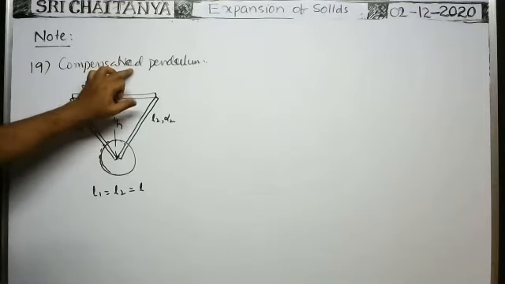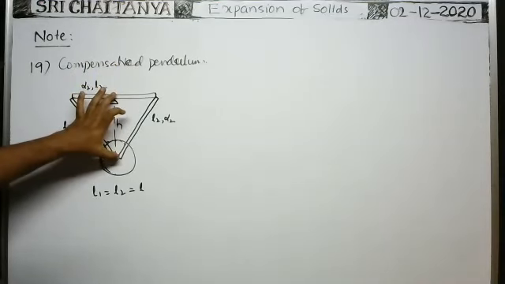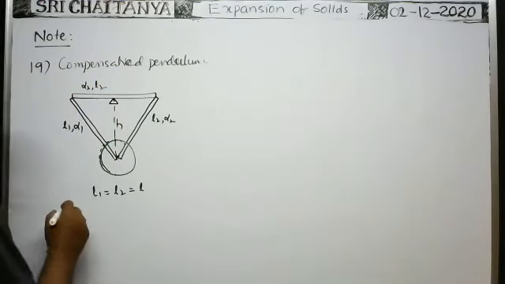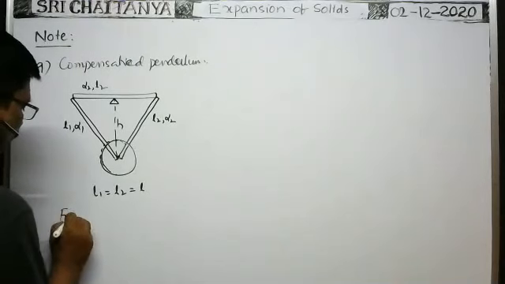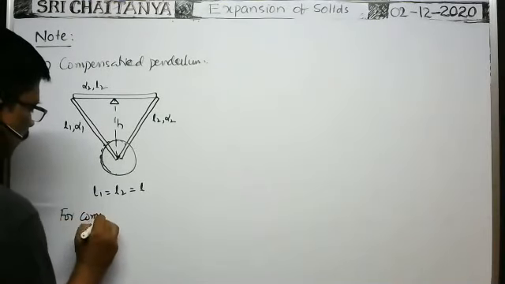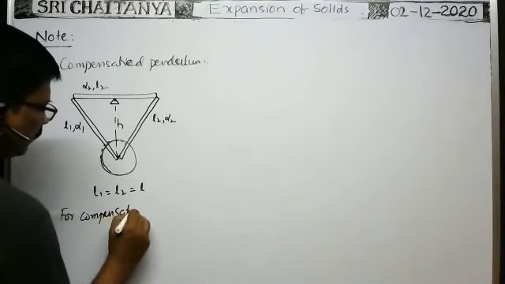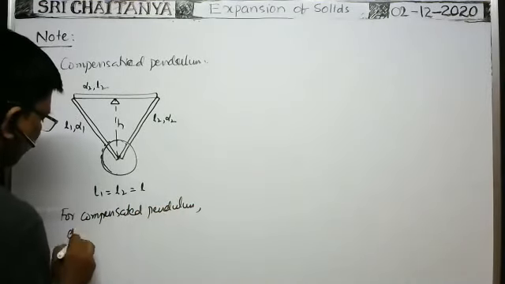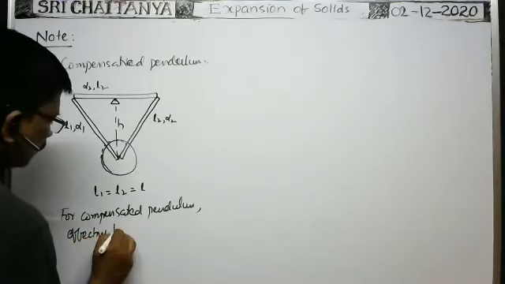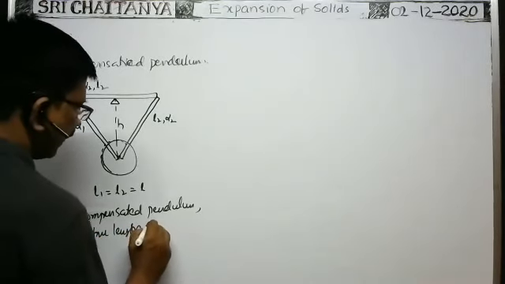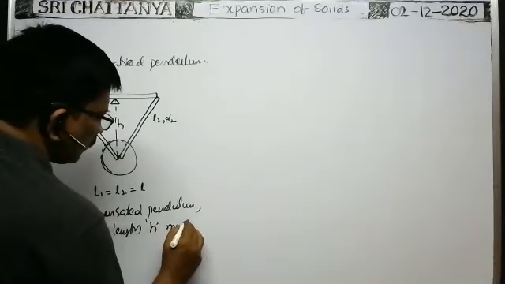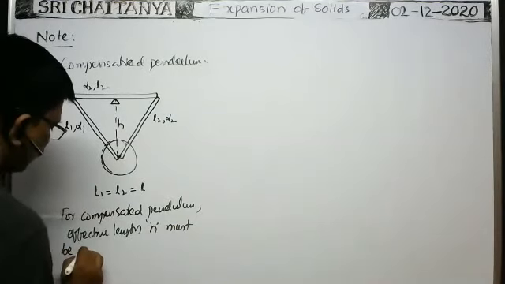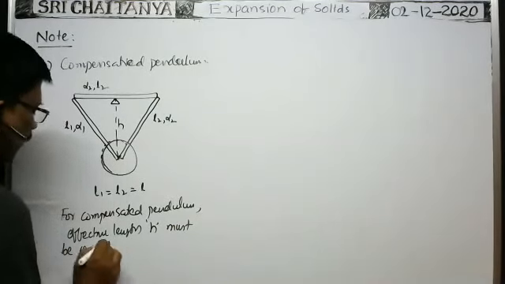As it is a compensated pendulum, the effective length H must be constant.